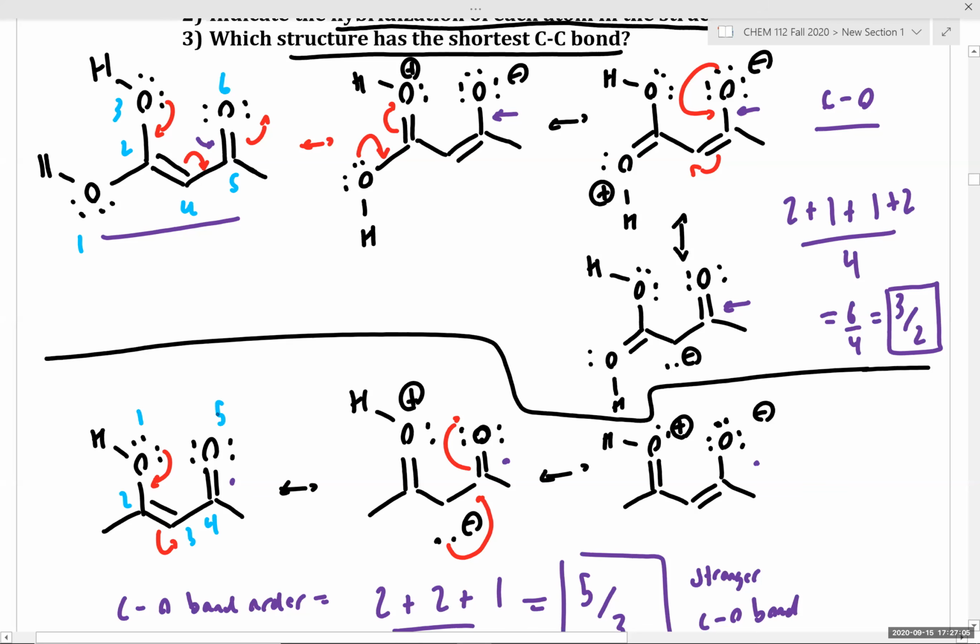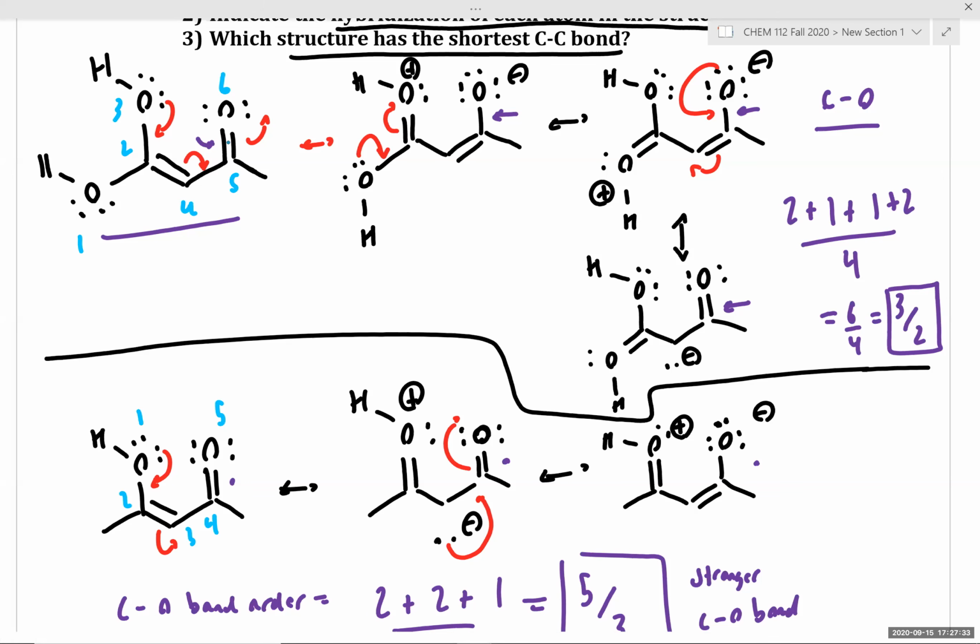So because we have this additional oxygen atom in the top structure, we can in turn delocalize our electron density found in our carbon-oxygen bond over multiple additional atoms. So it's over 1 additional atom. And as a result, the amount of electron density on average in this carbon-oxygen bond is less than in this bottom structure.